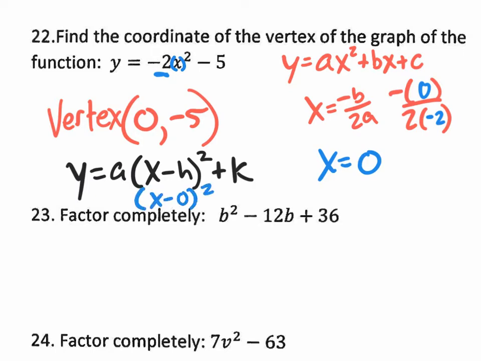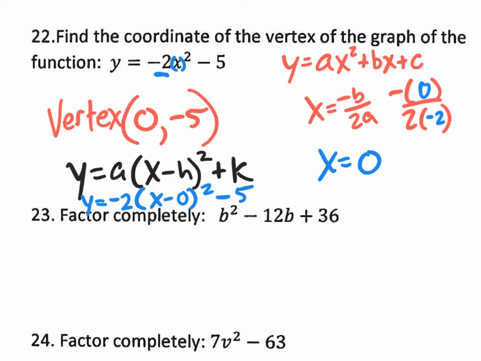The a value is negative 2, as you can see the a value above right here, and the k value out here is minus 5. So if you wanted to look at it in vertex form, which is y equals negative 2 parentheses x minus 0 squared plus k, your h value is 0, your k value is negative 5, so 0, negative 5 is your vertex. It's totally up to you if you want to look at it in standard form, or if you want to look at it in vertex form by putting parentheses around that single x.